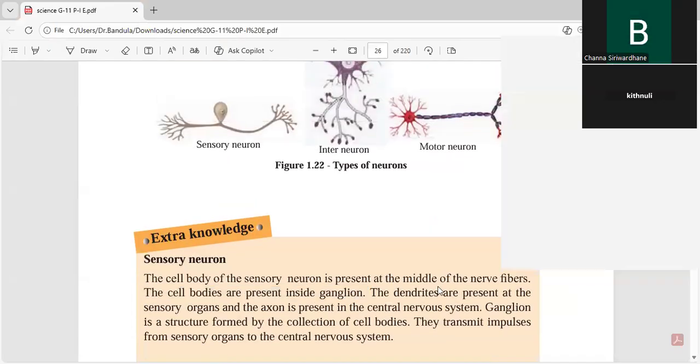Right. Dendrites are present. Wait. This is an enlargement.